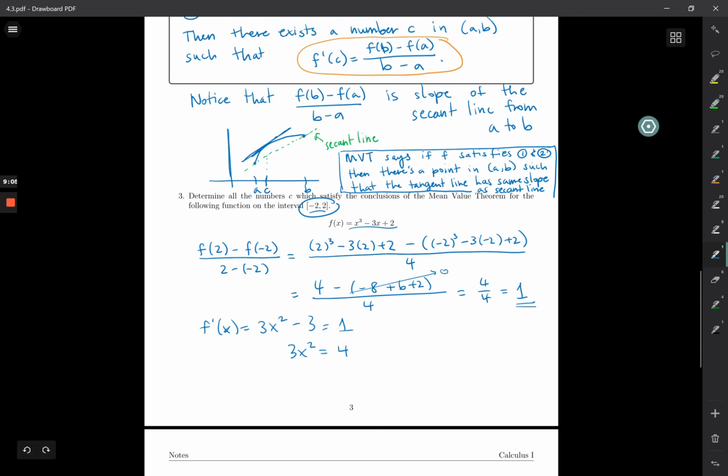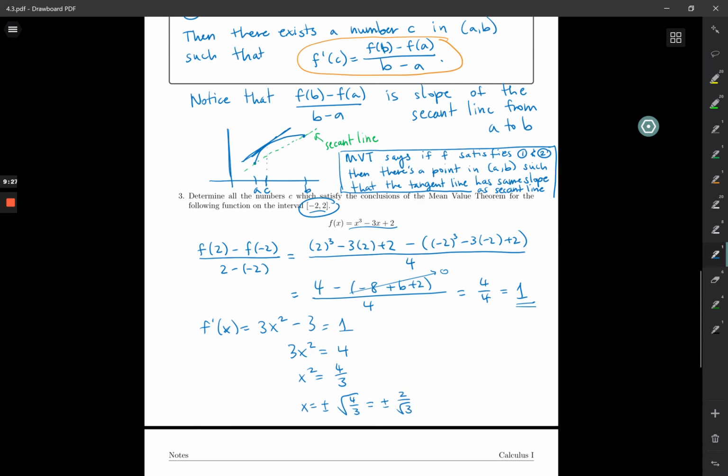So 3x squared equals 4, and if we take the square root of both sides, we will get plus or minus the square root of 4/3, which we could rewrite as 2 over root 3.